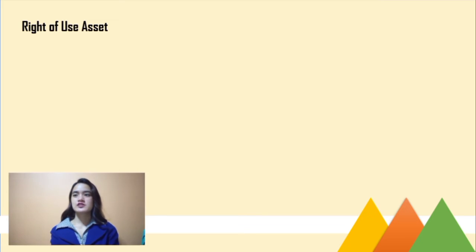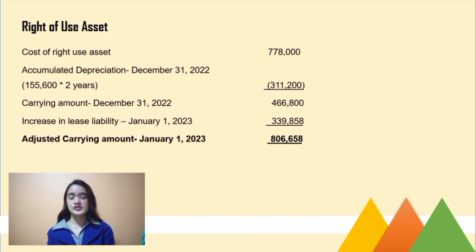Ngayon ay kukunin na natin yung adjusted carrying amount ng right of use asset natin or ng ROU. So first, yung cost of right of use asset natin, which is 778,000 pesos. Saan natin siya nakuha? Ito yung original agreement nila na annual rental payable multiplied by the present value of the ordinary annuity of 1.